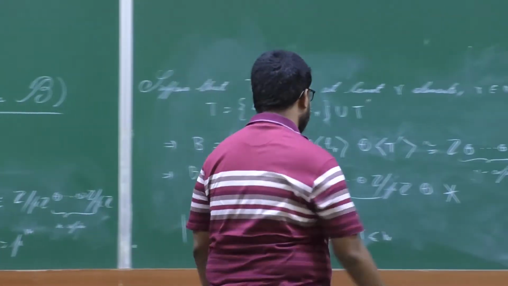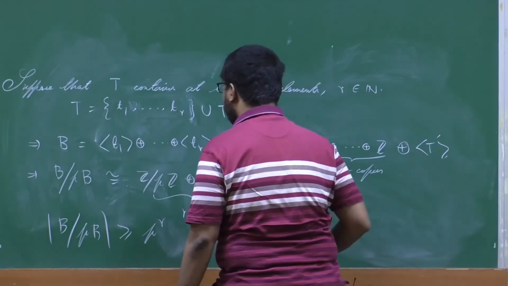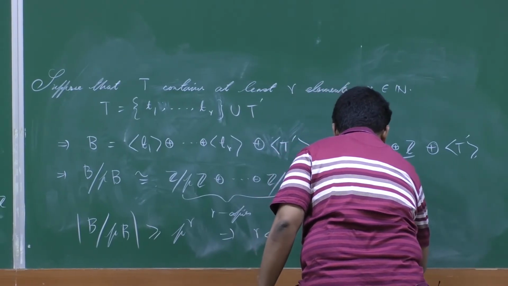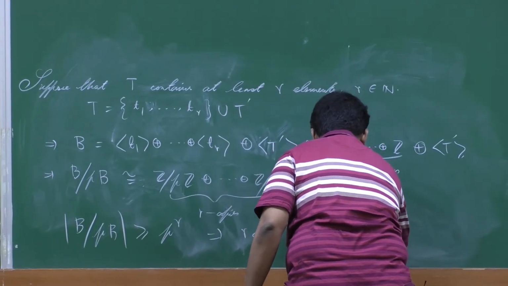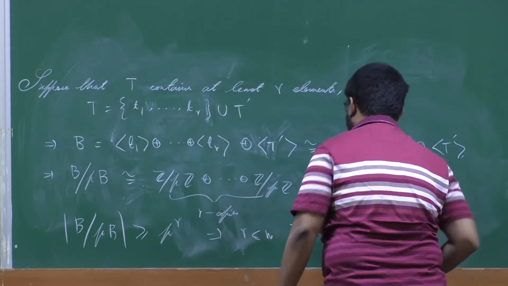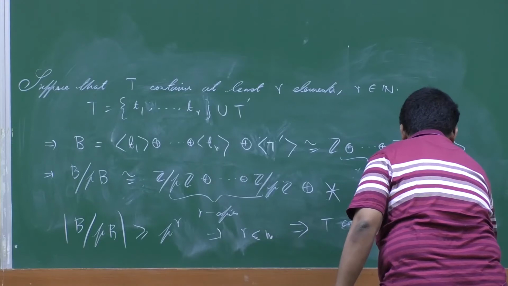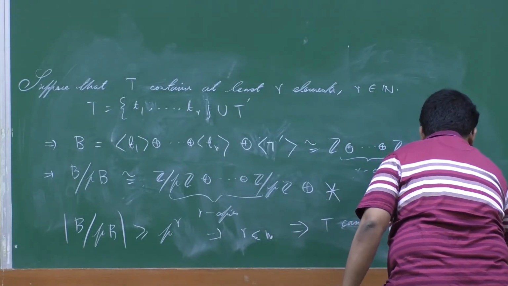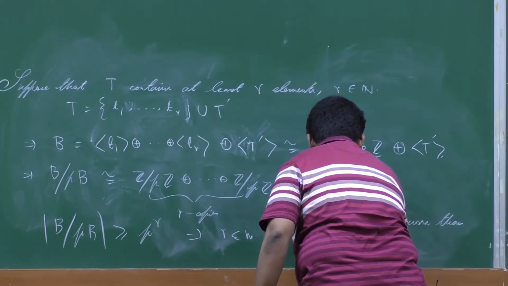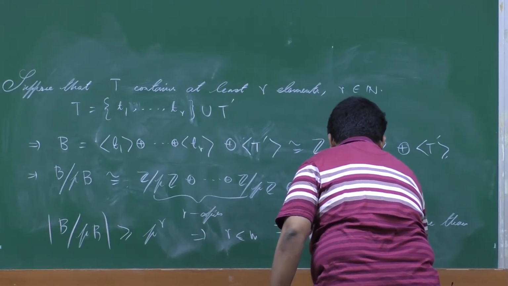So therefore this all total says that T cannot have more than m elements.